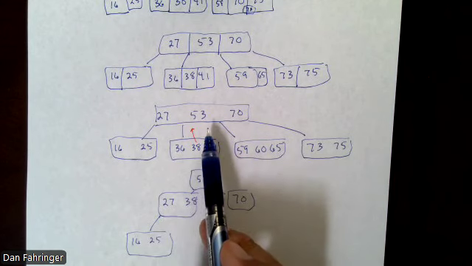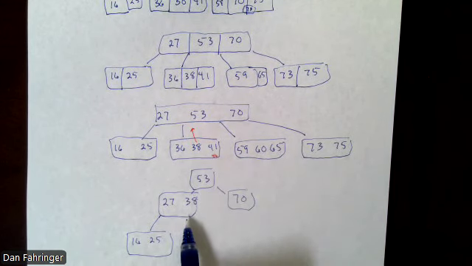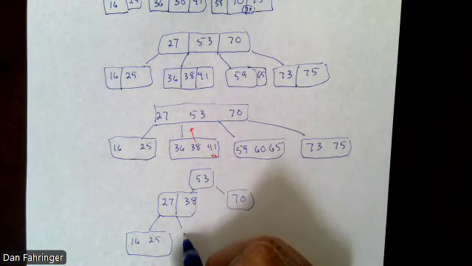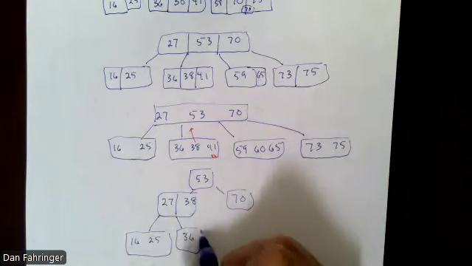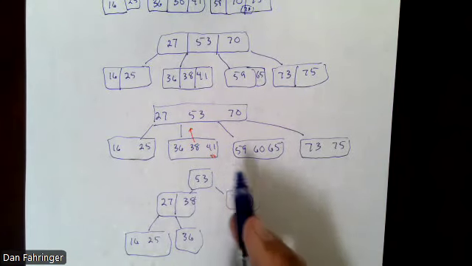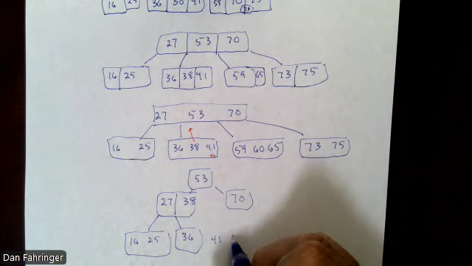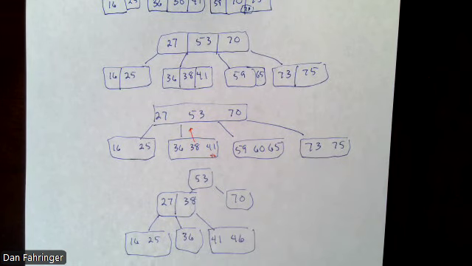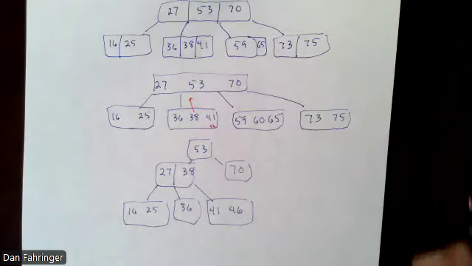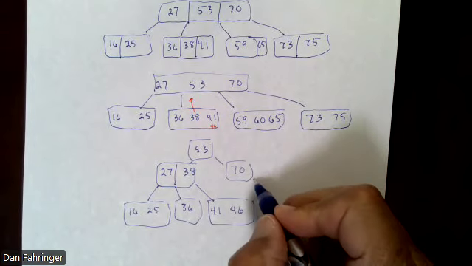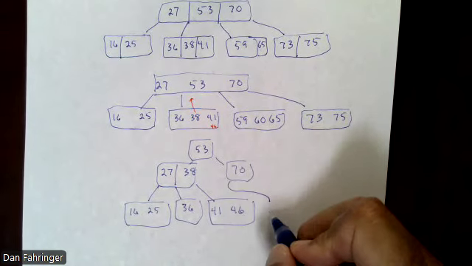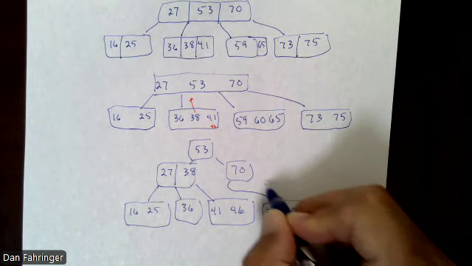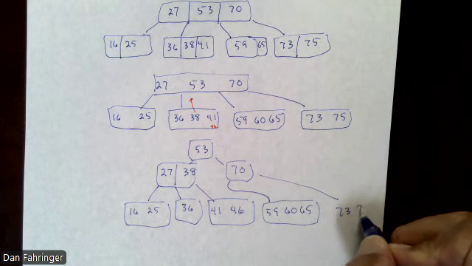I sent the 38 up. So here's the 27 and the 38, which means here in the middle goes 36. Greater than 38 was the 41 and the 46. To the left of 70, whoops, 59, 60, and 65. To the right of 70 is 73 and 75.